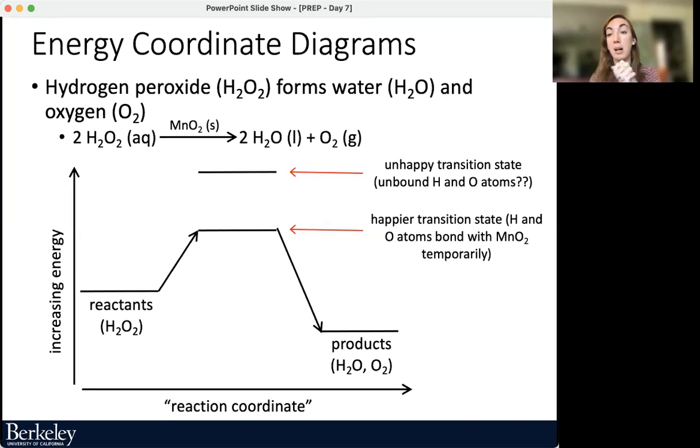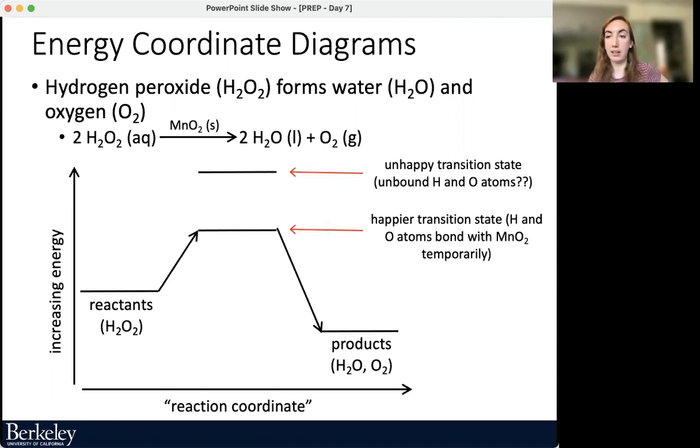The things you need to know about catalysts are they aren't created or consumed. They're there at the beginning and they're still there at the end. Their bonds haven't changed at all. But in the middle, they make the transition state a little happier so that the reaction is easier to proceed. They just make that hill that our atoms have to climb a little less steep. Does this make sense conceptually?